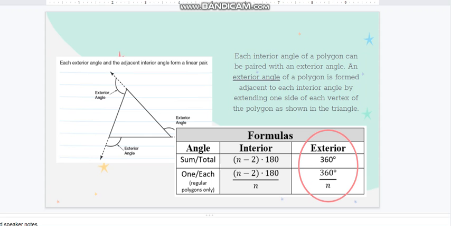And that is where that last column comes in. If you want to know the total, it's 360. The total of all of the exterior angles is 360, no matter what, forever the end. If you want to know what individual measures are for a regular polygon, you divide 360 by the number of angles, n. Okay?